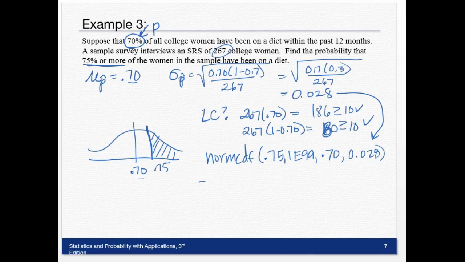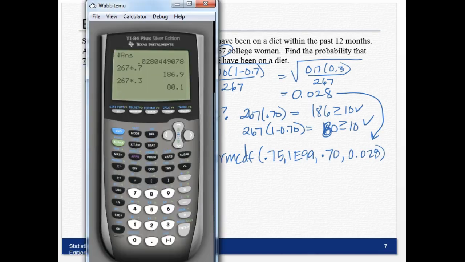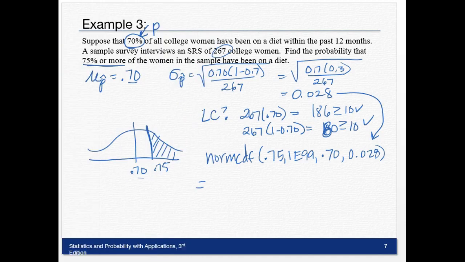Then we find our answer from our calculator: 0.0371. And there's my probability. So it takes a little bit of work. You've got to find the mean and standard deviation. You have to test for large counts. If it passes, then you can run the normal CDF. Okay? Hopefully this gives you a good standard to follow, and we'll talk more about this in class.